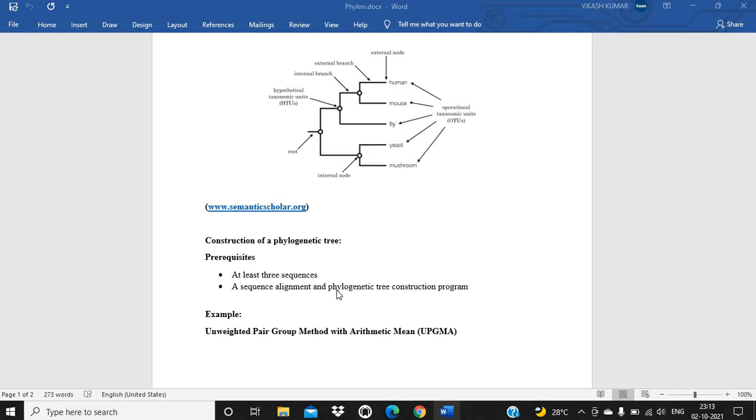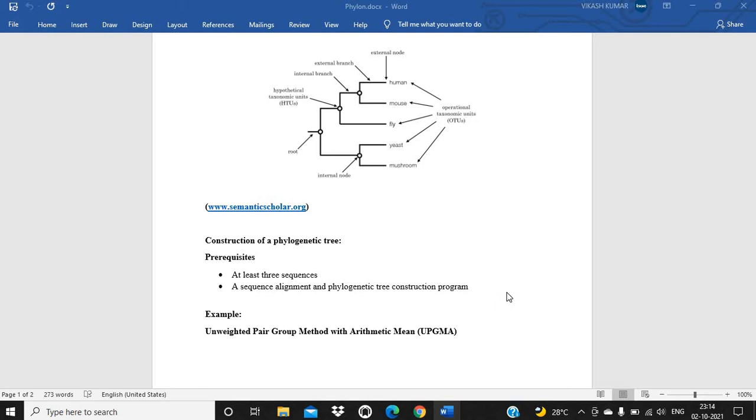So a sequence alignment and phylogenetic tree construction program is needed. Basically the steps are: you need sequences, then you align all sequences by performing multiple sequence alignment, and then on the basis of the multiple sequence alignment, the program will construct the phylogenetic tree.